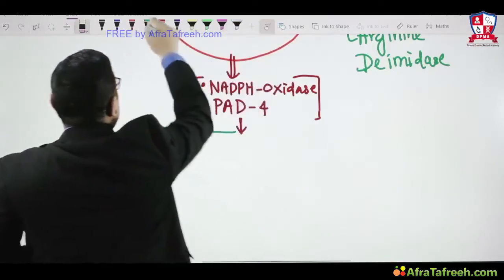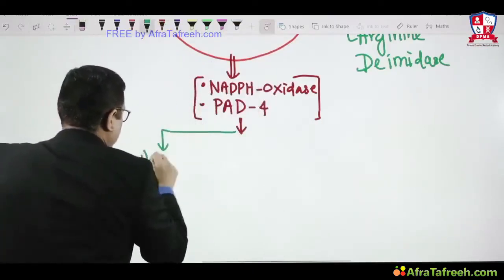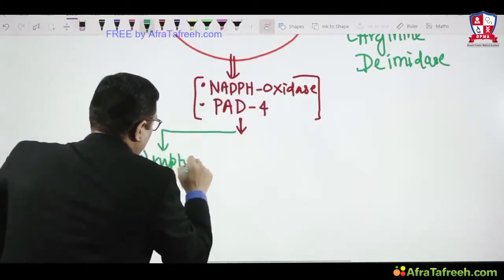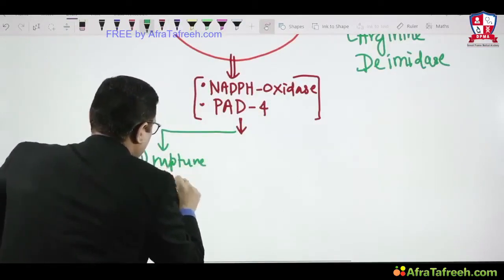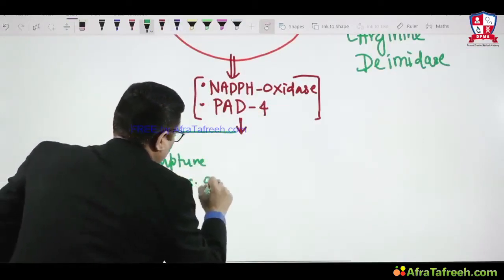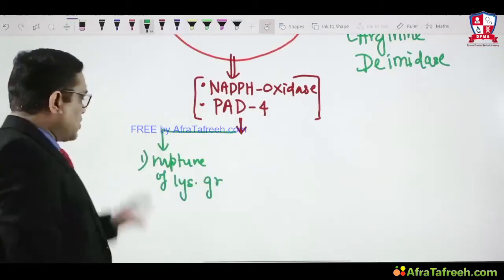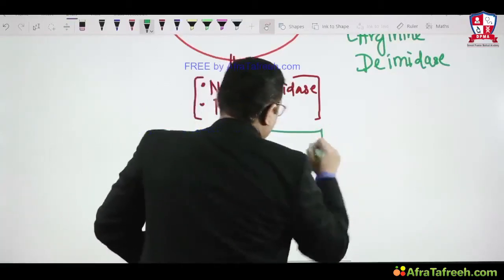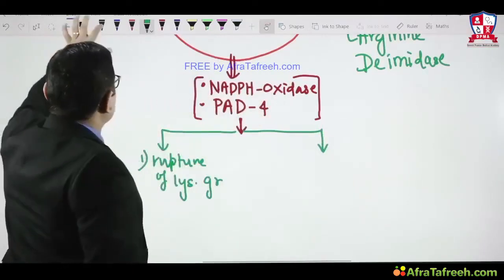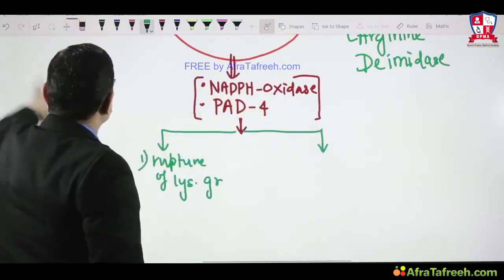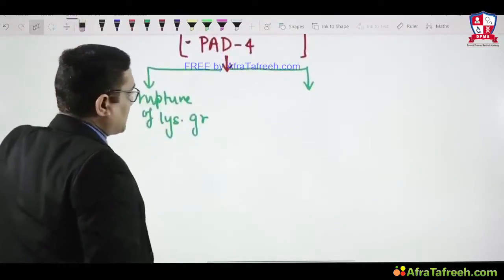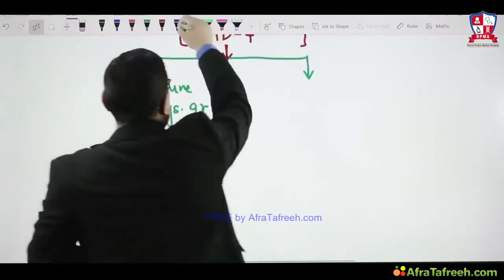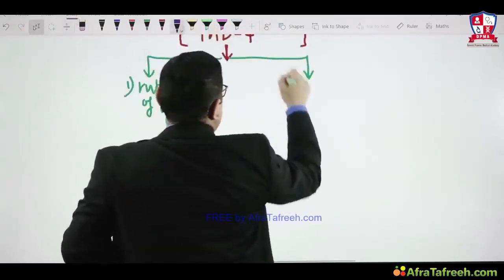Number one, they will cause rupture of the lysosomal granule. And second, they will cause citrullination of the histone protein, right?